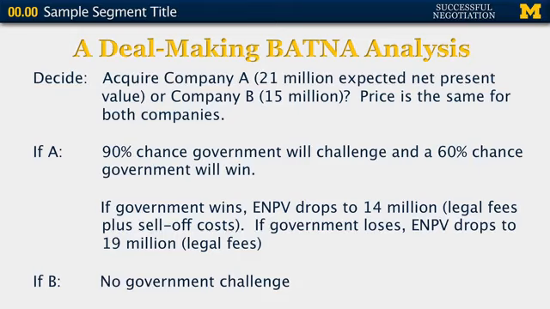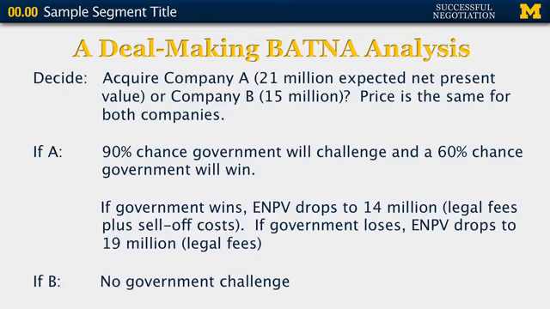If the government wins, the value of A drops to $14 million because of legal fees plus sell-off costs. Even if the government loses, the value drops to $19 million because of legal fees. Whereas if you acquire Company B, there's not going to be a government challenge. We know that. So before you do a decision tree analysis, what would be your gut reaction?